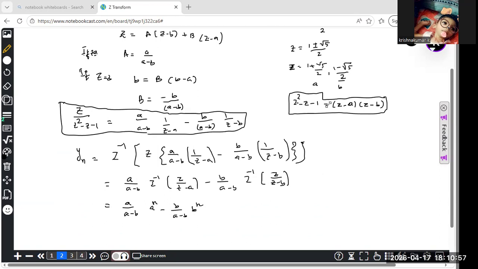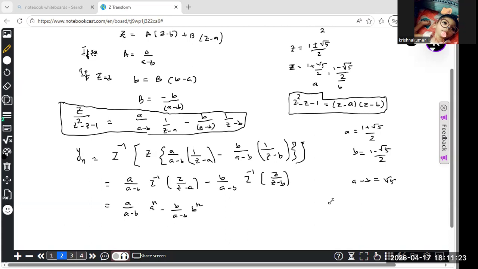And here you just need to find the a minus b value. Already you know that a is equal to (1 plus root 5) divided by 2, and b is (1 minus root 5) divided by 2, so therefore a minus b will be equal to this: 1 by 2, 1 by 2 cancel, so 2 root 5 divided by 2, so root 5 will come.